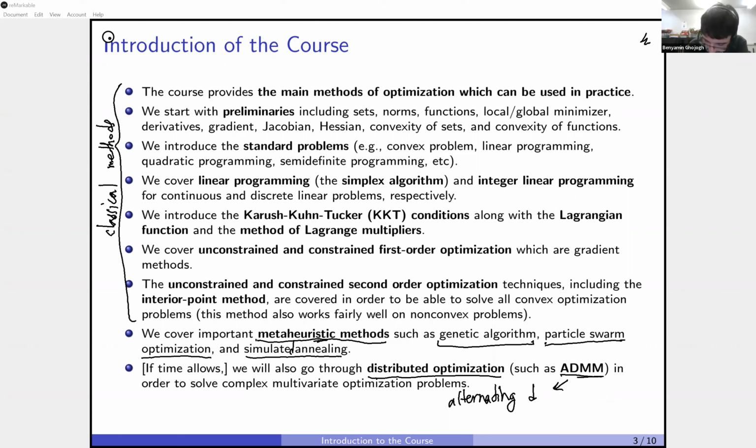Yeah, alternating direction method of multipliers. And we'll see why it has this name, alternating direction. And method of multipliers, we'll see why, because it's based on Lagrange multipliers, and based on the method of Lagrange multipliers and KKT that we already have studied in several previous sessions.